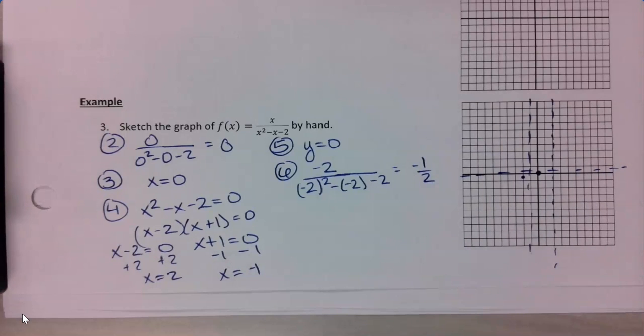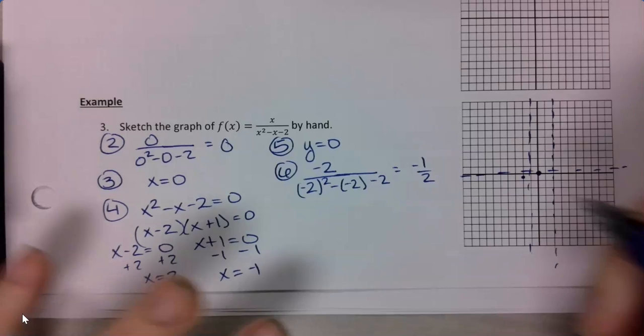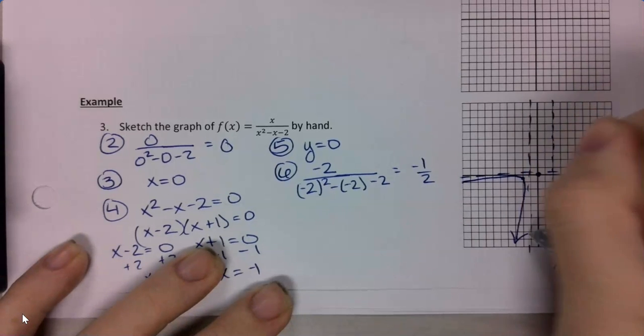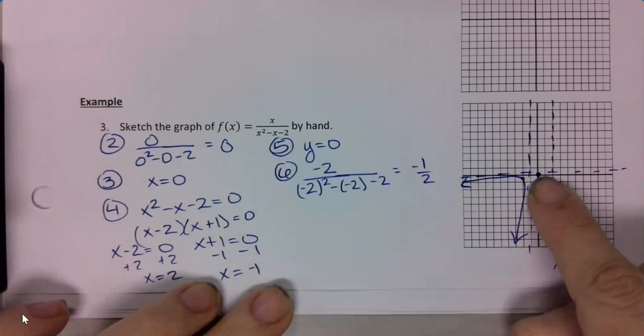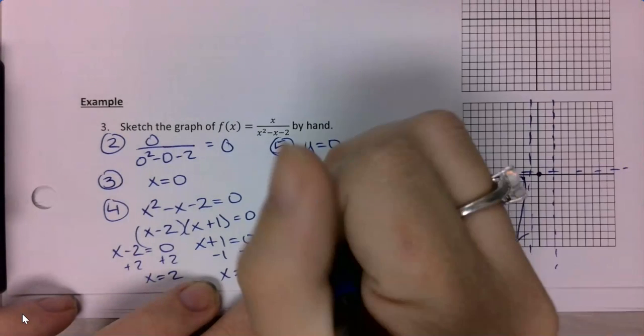So how is that going to curve? Up or down? Okay. Then notice I have a point right in between these two middle dashed lines. I need to do a point either to the left or right of this. I'm going to do a point to the right because I have 1.